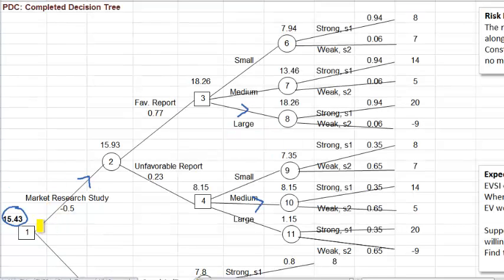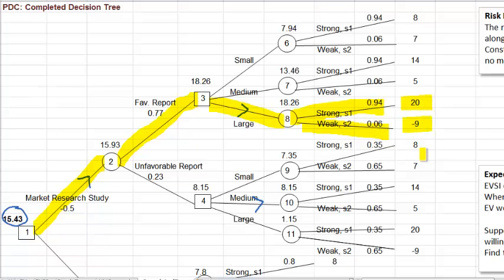So here's how things are going to go. We're going to do a market research study, and if the report is favorable, then we're going to build a large condominium complex. After that, the demand level will be either strong or weak. If the demand level is strong, then the payoff will be $20 million. If it's weak, it'll be negative $9 million, that is, a loss of $9 million.